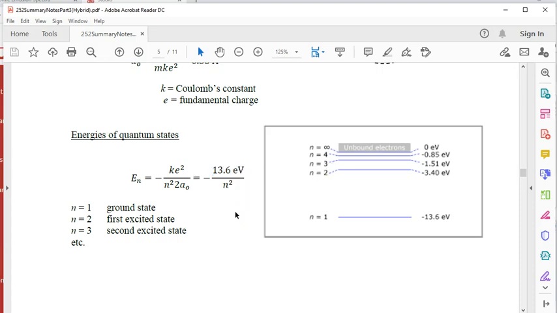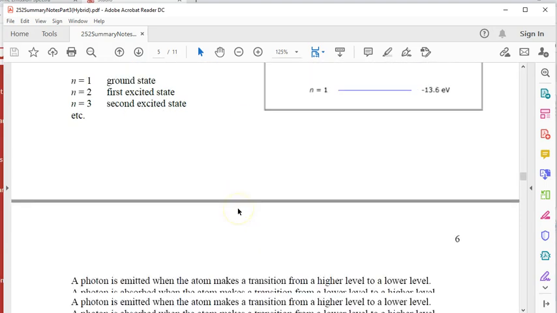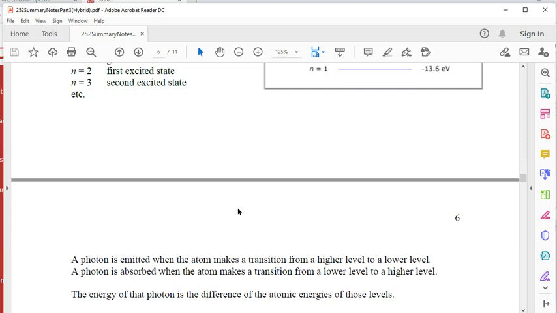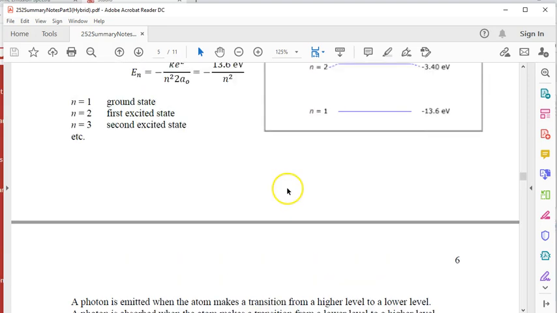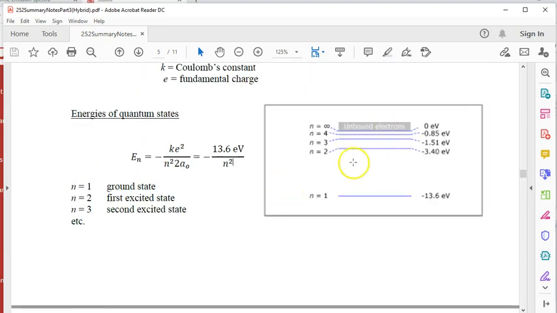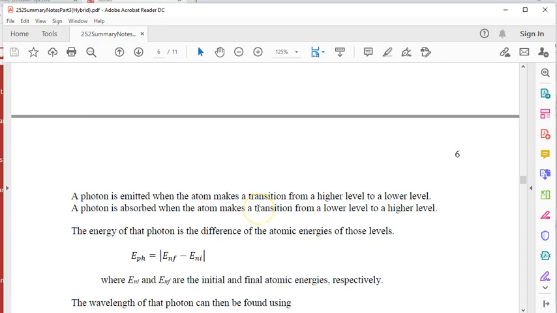Now, the way we figure out photon energies and wavelengths with transitions is we remember that, and you can see this on the next page, a photon is emitted when the atom makes a transition from a higher level to a lower level, a higher state to a lower state. The reverse process, going from a lower level to a higher level, is when a photon is absorbed.